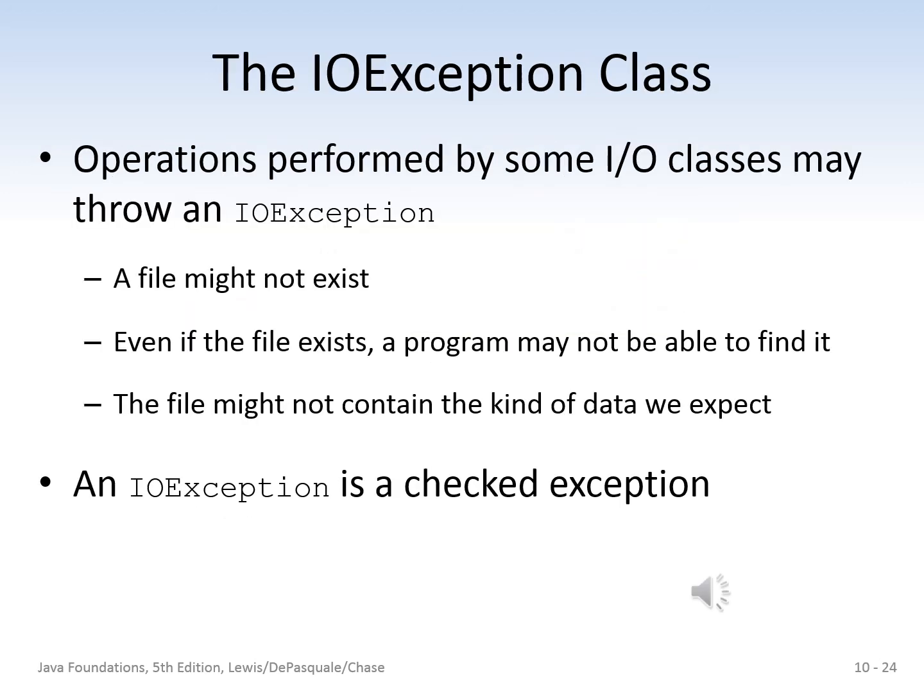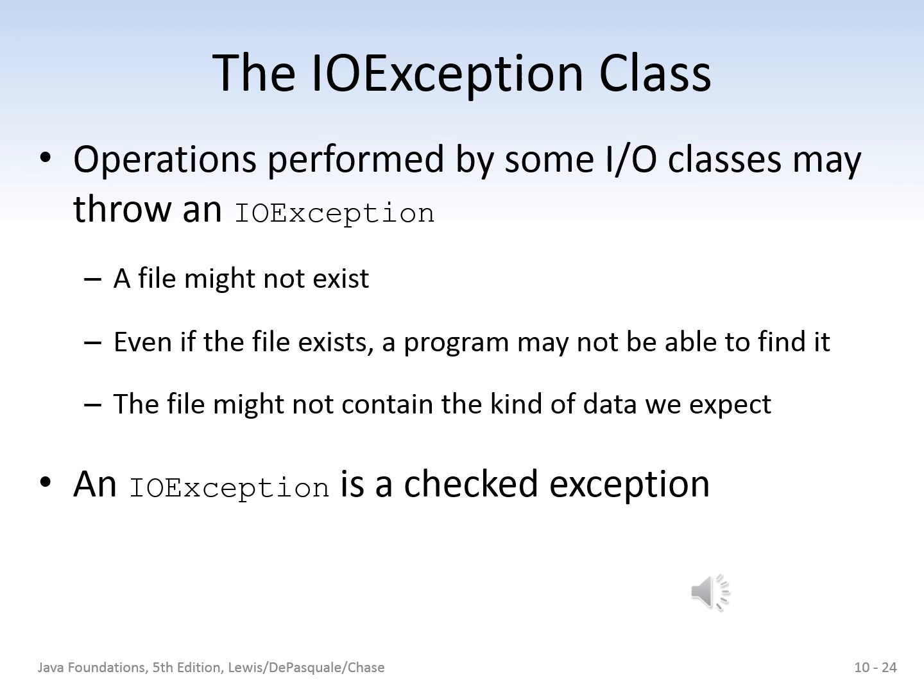Next type of exception we're going to look at is an IO exception, and this is a checked exception. So operations performed by some of the input-output classes are capable of throwing an exception. Some examples: you're trying to access a file that does not exist, or the program might not have access to it.